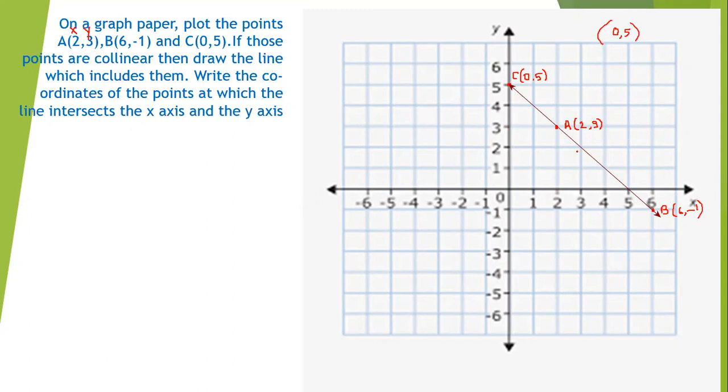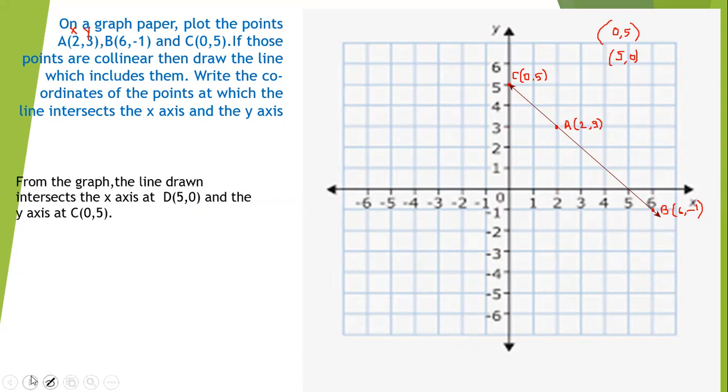Now, this line is intersecting the x-axis also, over here. Can you see? So what are the coordinates? It is 5, 0. So on the x-axis, the coordinates are 5, 0, right? And on the y-axis, it is 0, 5. So that you have to write from the graph, means what you have drawn.